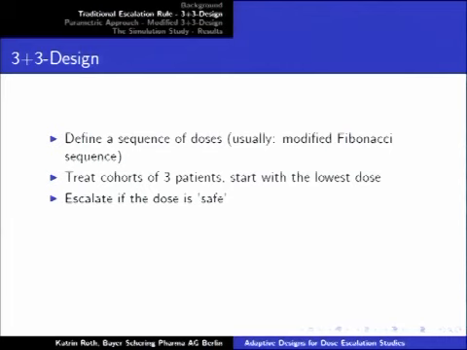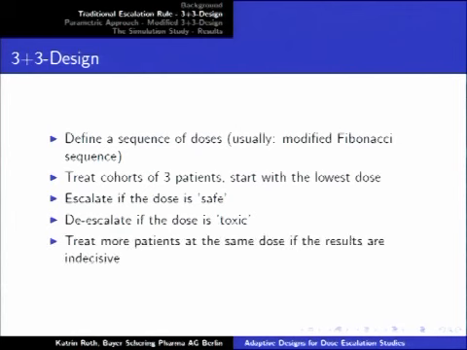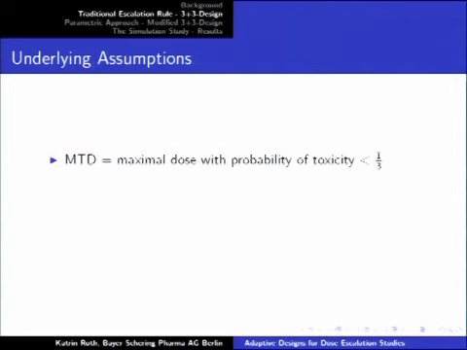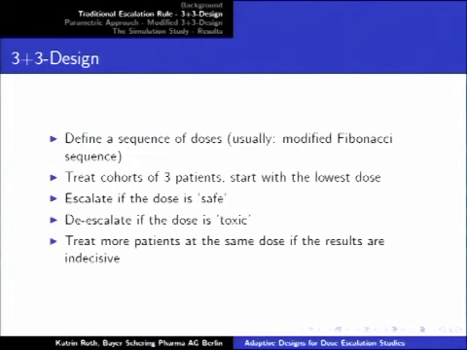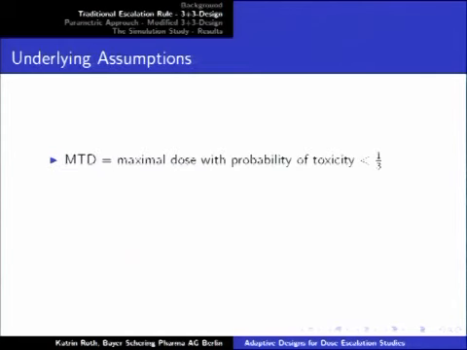If we consider the dose to be safe, we will escalate. If we think it's too toxic, we de-escalate. And if we're not sure if the dose is toxic or not, we treat 3 more patients at the same dose. What is exactly safe and toxic, I will show in an example later.